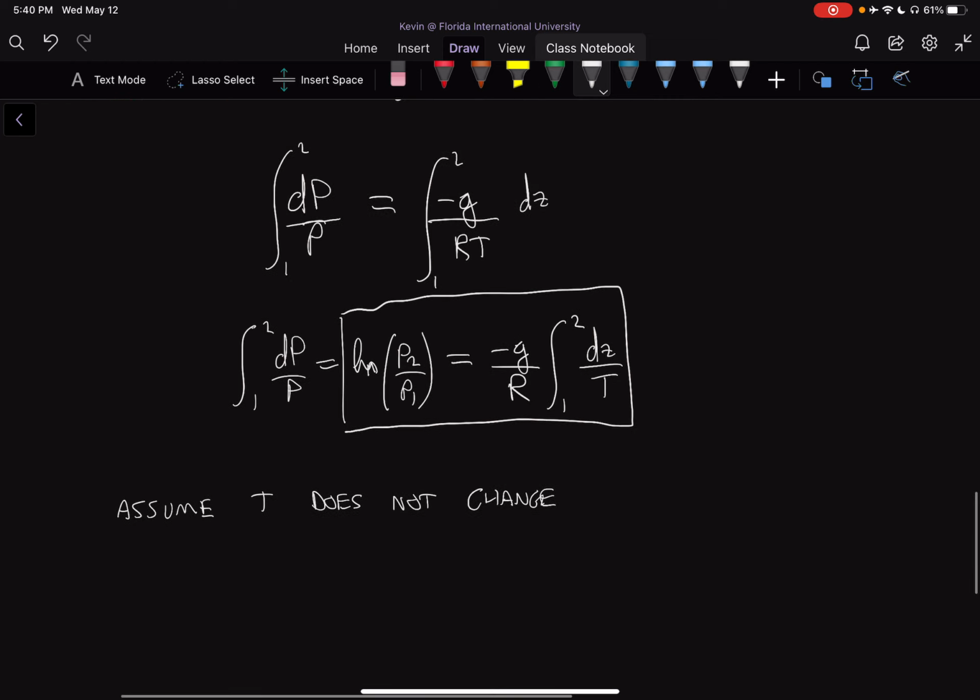So what we can do now is simplify the equation and run through the integral with T outside of the integral. We're going to say that T is equal to T0, and T0 just means the atmospheric temperature.